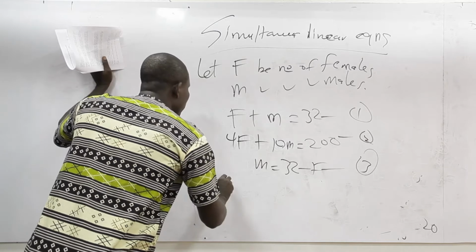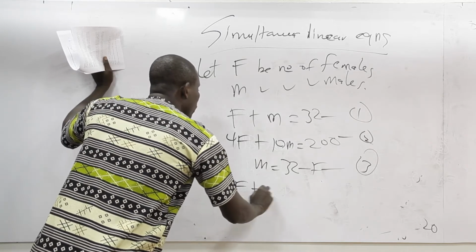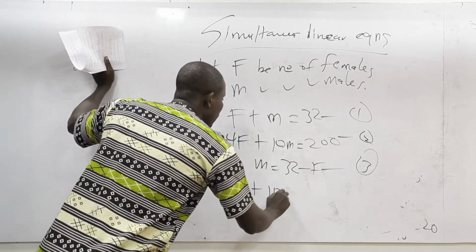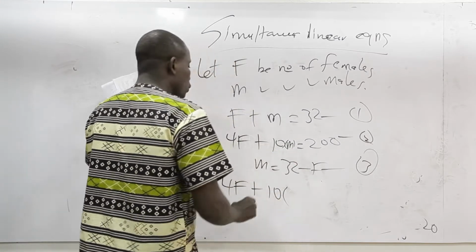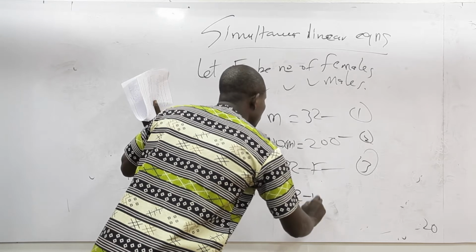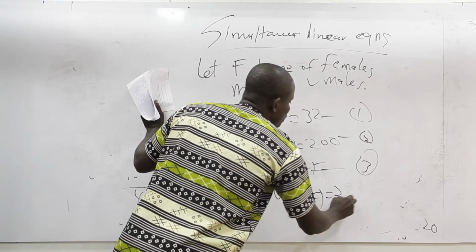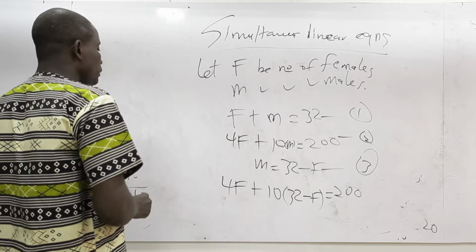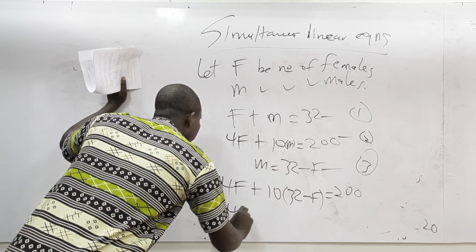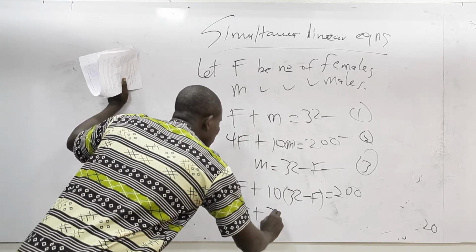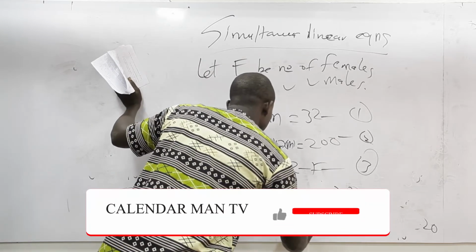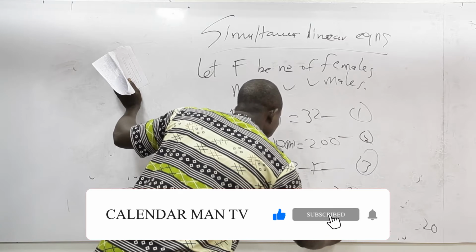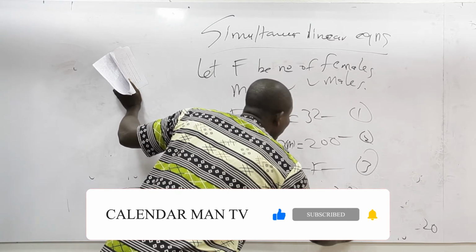So here I'm having 4F plus 10M, and this M is 32 minus F, equal to 200. So we have 4F plus 320, minus 10F is equal to 200.